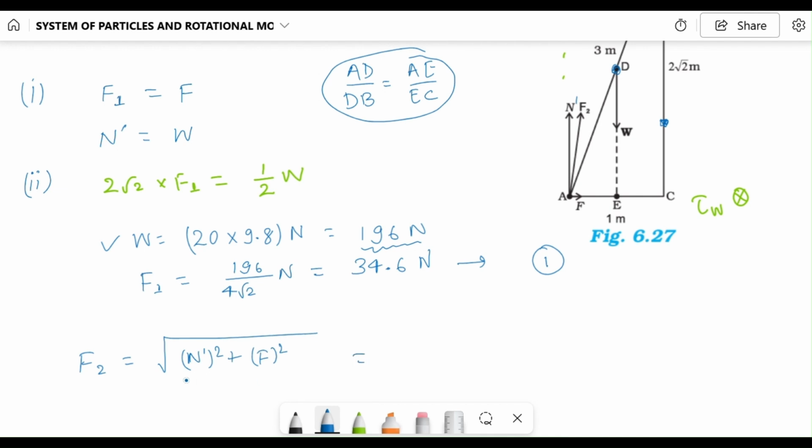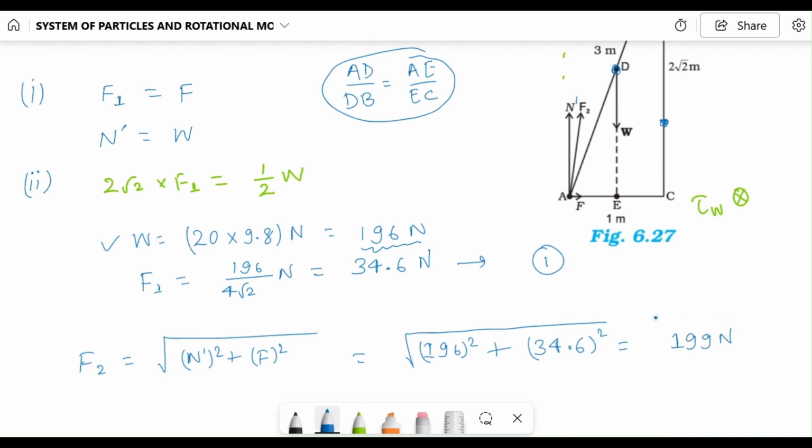Now what will be here? N prime square. What is N prime? N prime is this force, which is equal to this weight. So it will be 196 square plus F square, F is equal to this one, so this will be 34.6 square, and then a square root of these two terms. Let me calculate it and write it. So this will be nearly 199 Newton.